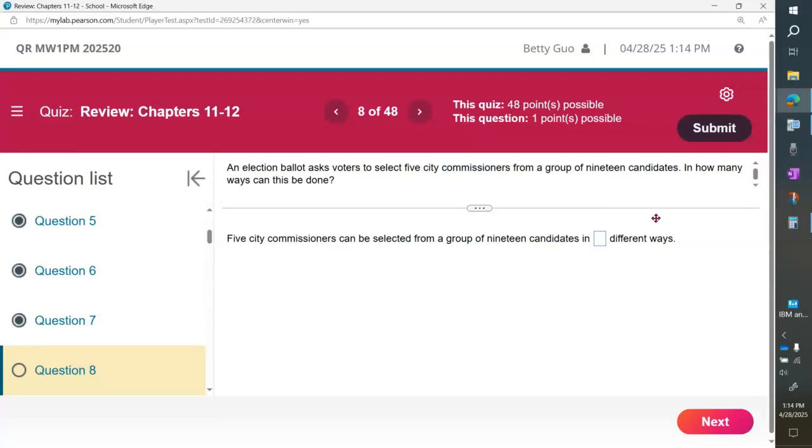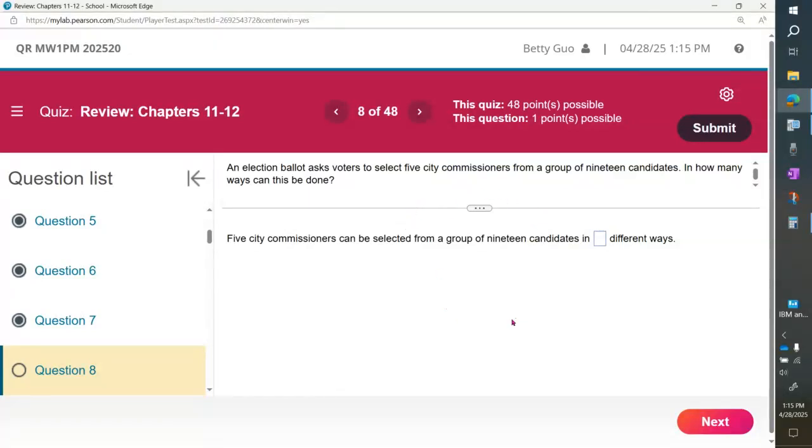So on your scratch paper, you need to write down 19. We have 19 people available, and the subset needs to have 5 people. The subset is going to be the commission. The order of the 5 people in the subgroup does not matter.